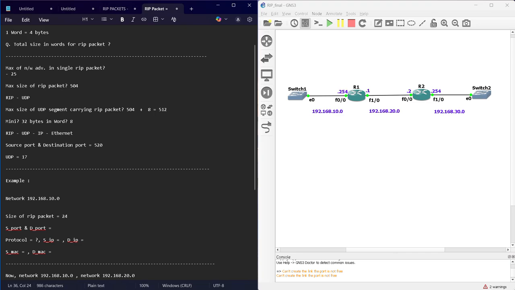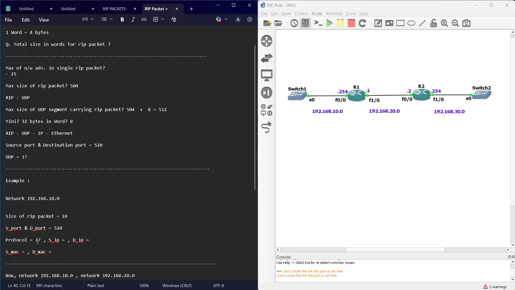This 24 bytes will be encapsulated into UDP. The source port and destination port for this will be 520. Further, it gets encapsulated into IP. The protocol we use to identify UDP has the value 17.